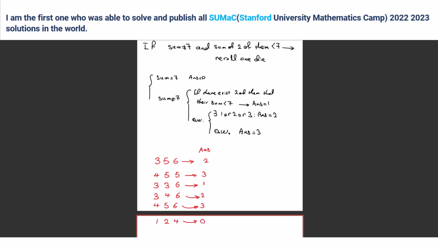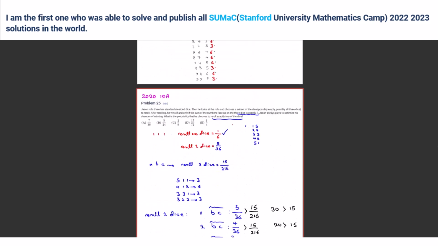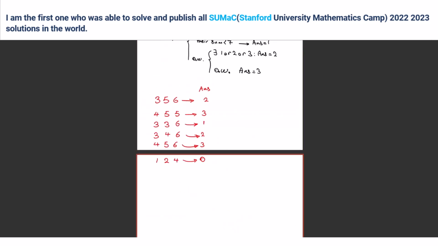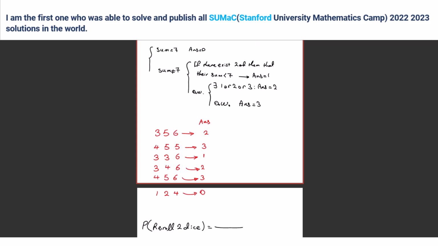Because the sum is 7. Yes. Now, if someone says, for example, 3 numbers, now you know how many dice you should reroll. It asks what is the probability that you reroll exactly 2 dice. So what is the denominator?